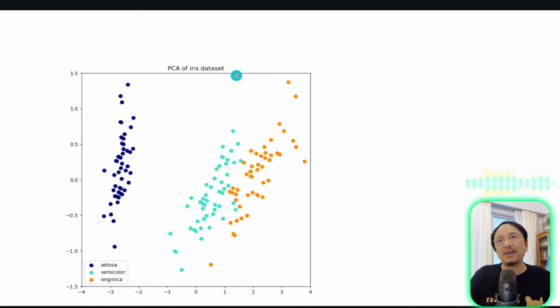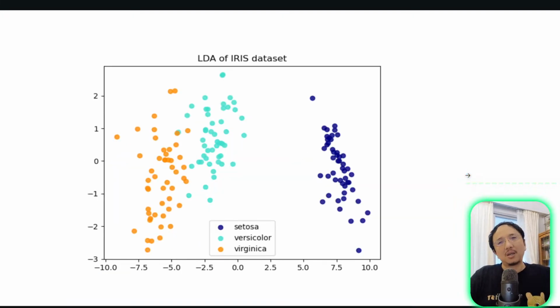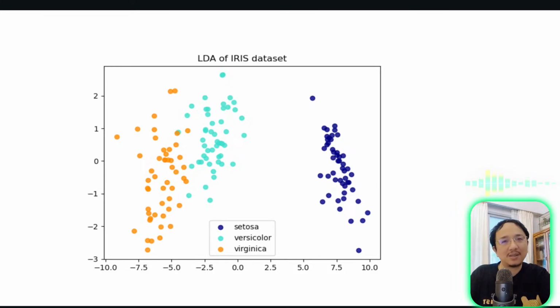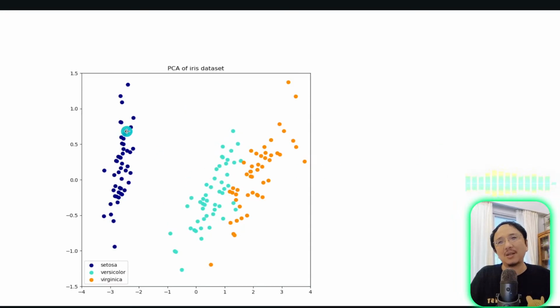So this is PCA for the iris dataset. Although we don't do much, because originally we have four features and now we have 2, you can still see things like this. However, PCA does not consider the label. It only considers the data. So it doesn't consider that this one is Setosa, this one is Versicolor, and this one is Virginica.